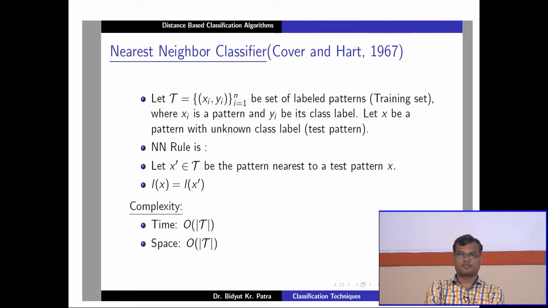The first algorithm, introduced by Cover and Hart in 1967, quite old as you see, is the nearest neighbor classifier.